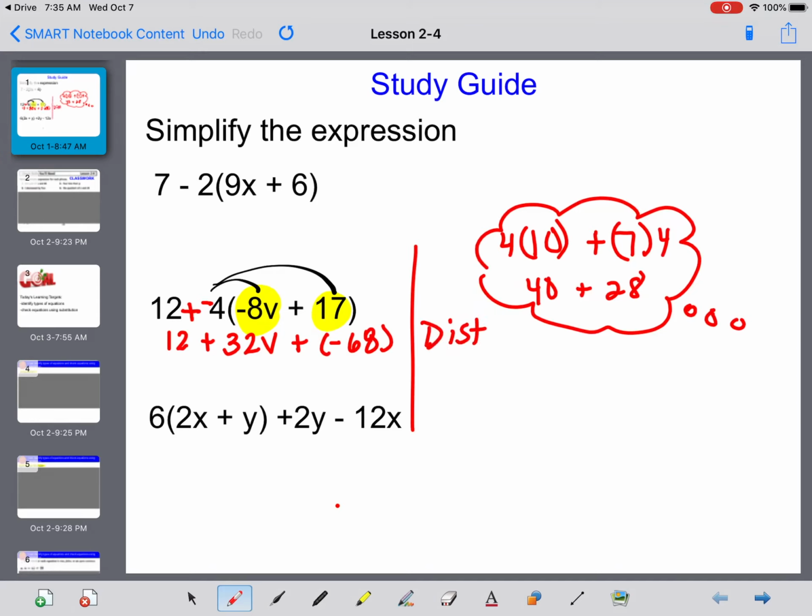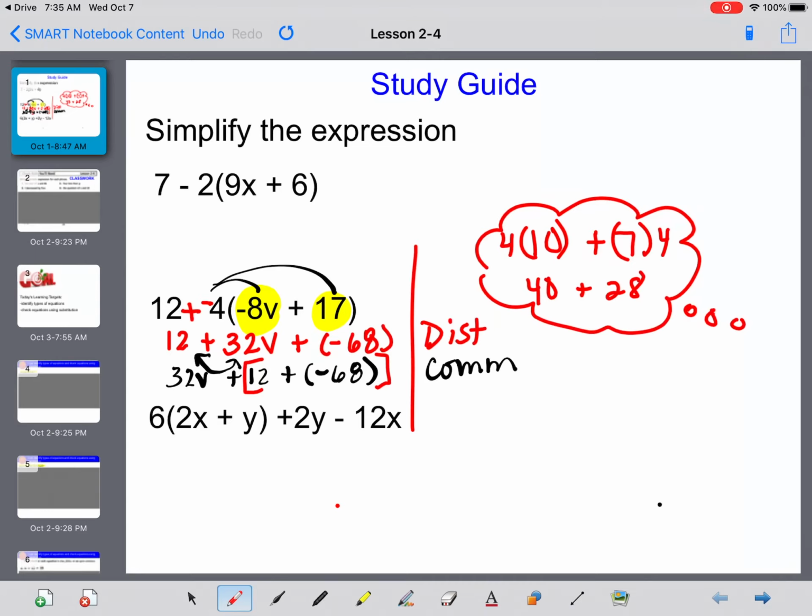The next step is I need to get my like terms next to each other. I can do that using the commutative property and switching the 32v and the 12. Then I could use the associative property, and that allows me to group together my like terms.